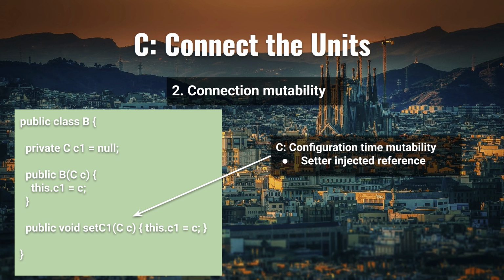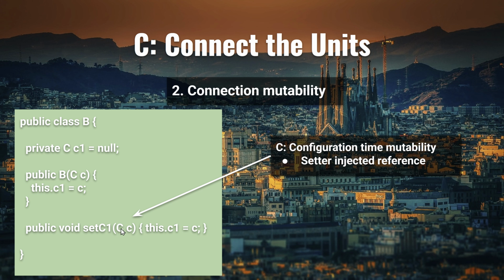The third kind of connection mutability that I will show here is what I call configuration time mutability. As you can see here in class B, we have a setter called setC1.